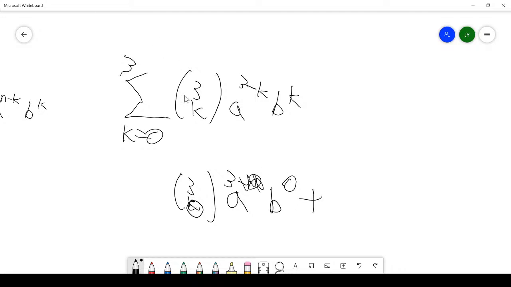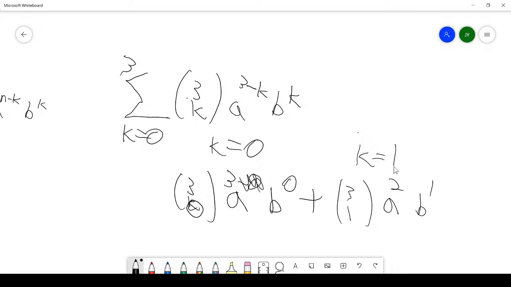Plus, because you're done with the first term in the series, you go on to the next one. 3 choose 1, a to the 3 minus 1, so that equals 2, and b to the 1, because we're on k equals 1. You should write this out as k equals 0, k equals 1.